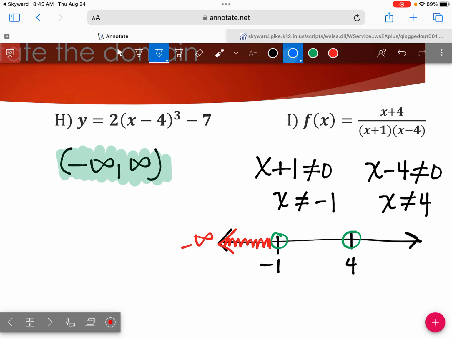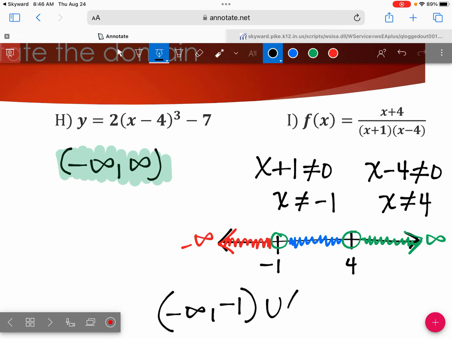And again, we have 3 pieces of our domain. All right, so our domain is -infinity to -1, union -1 to 4, union 4 to infinity.